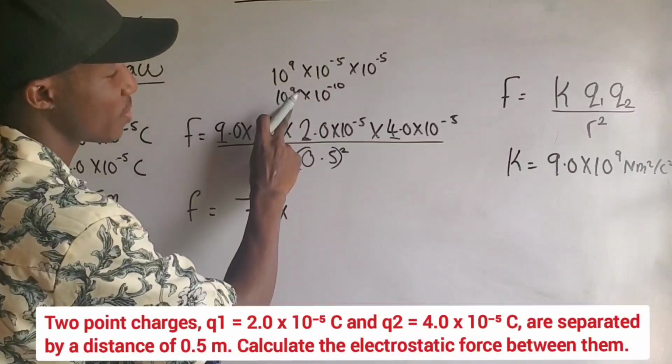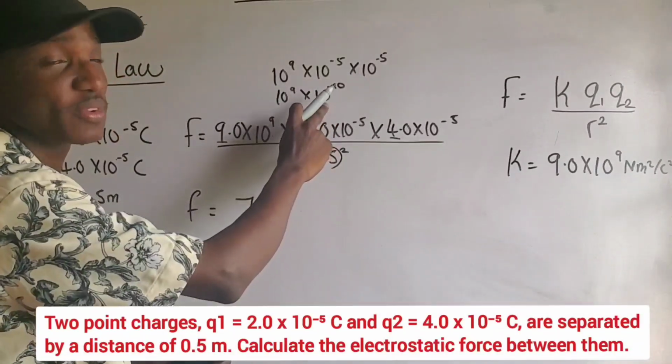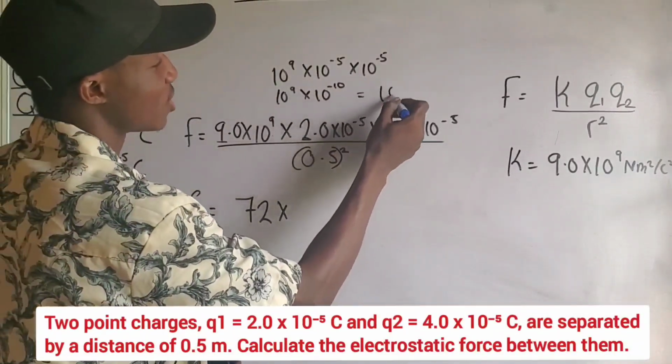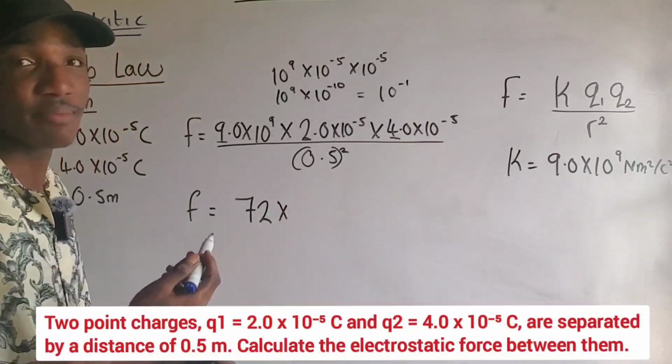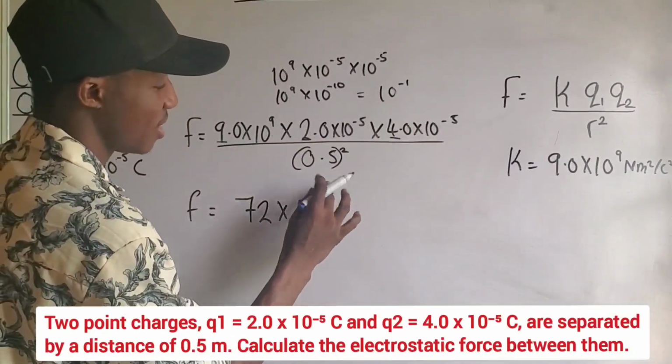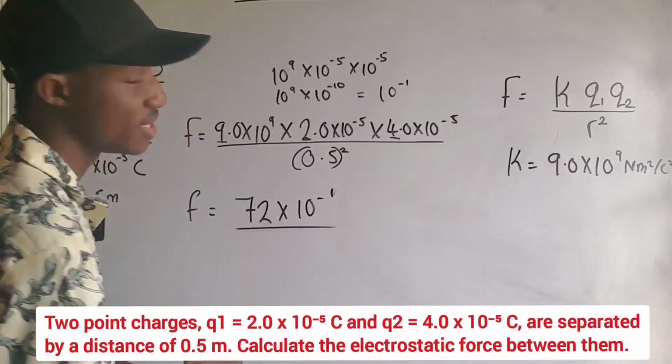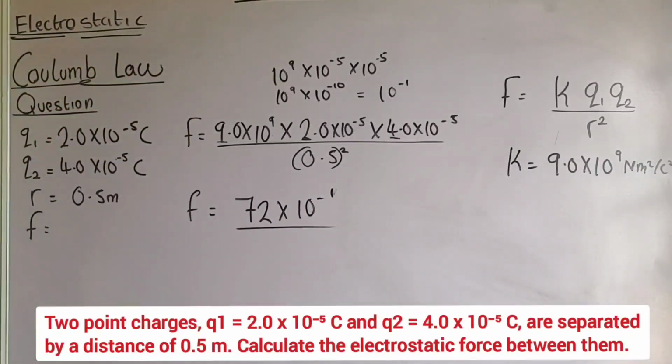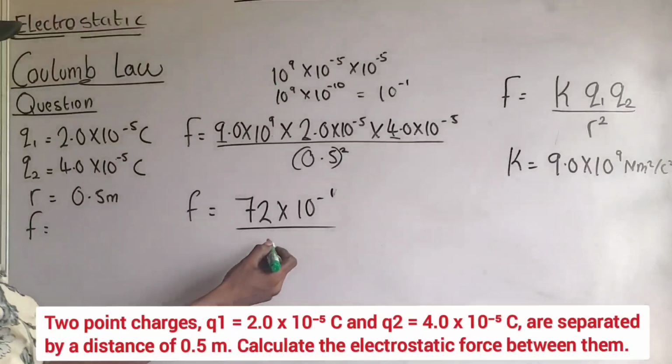So 10 raised to the power of 9 times 10 raised to the power of negative 10 is 10 raised to the power of negative 1, because 9 minus 10 gives negative 1. This is all over 0.5 squared. 0.5 times 0.5 will give you 0.25.